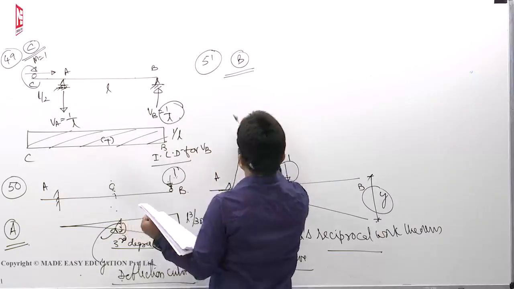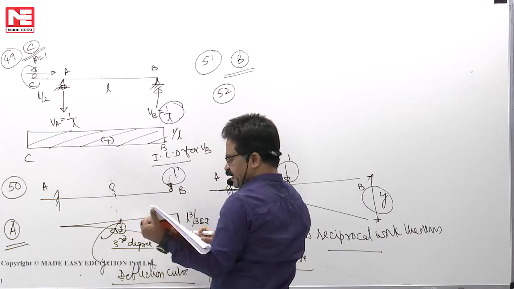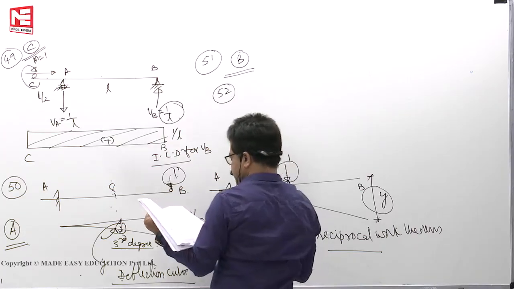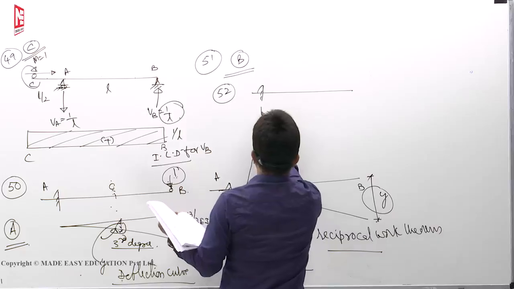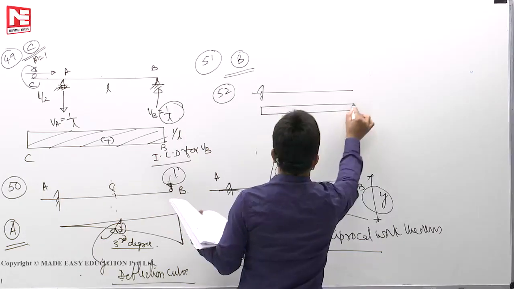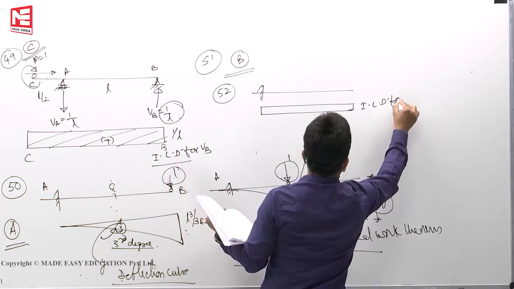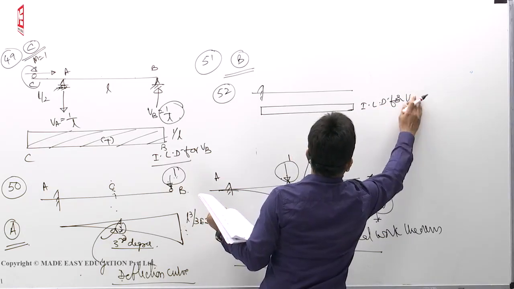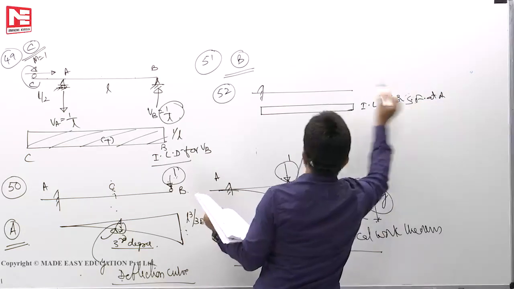Okay. Next, 52. Influence line diagram for shear force at the fixed end of a cantilever beam. This is the influence line diagram for shear force at the fixed end of a cantilever beam. ILD for shear force at A, this is what I have given.